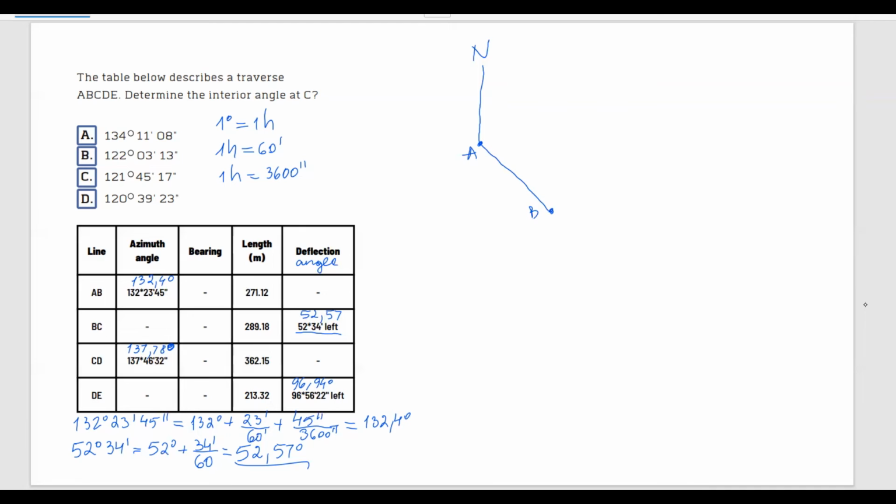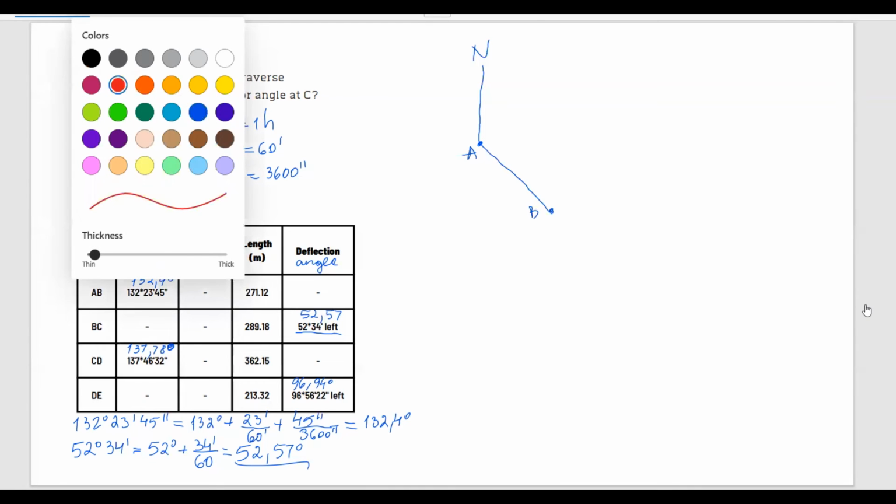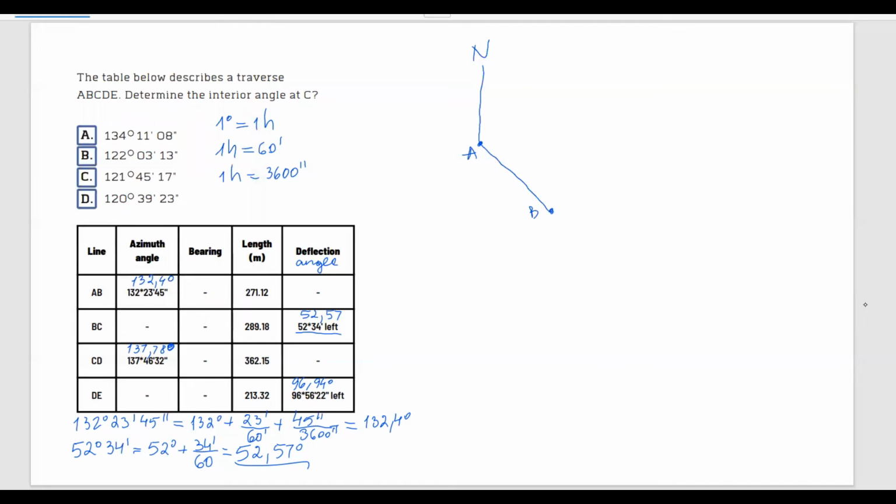Now, let's go ahead and represent BC. For BC, we're not given an azimuth, but we're given the deflection angle. And we've learned previously how to use the deflection angle to represent our line. I'm going to place myself here and elongate my line a little bit.